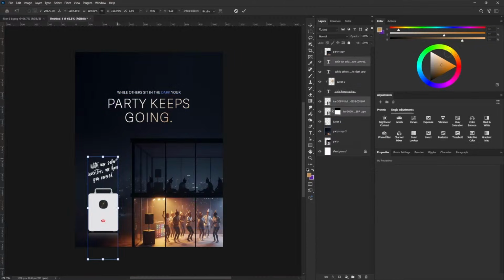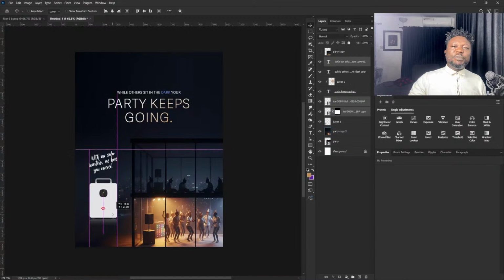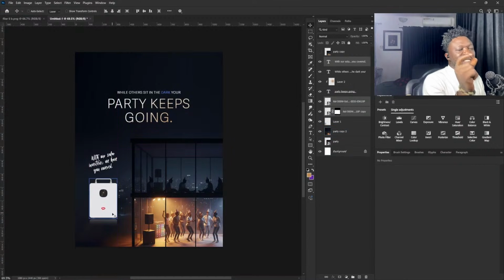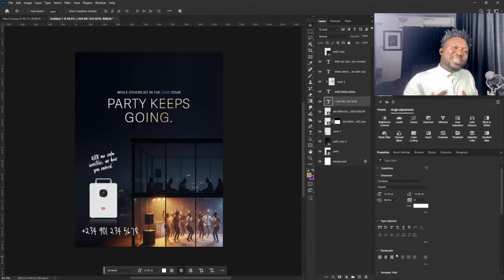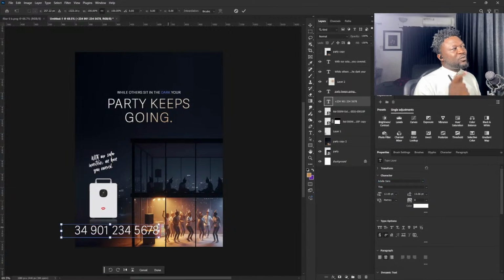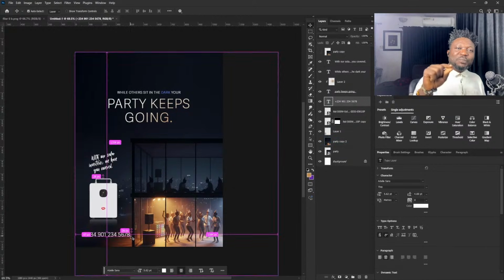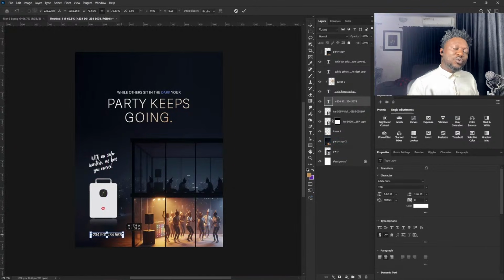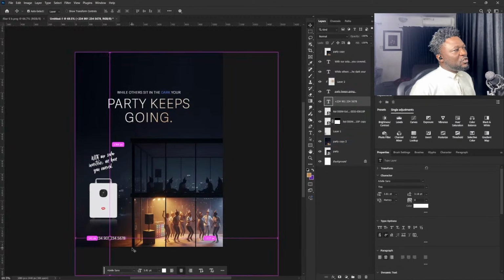I picked the color from there and applied it to the title to create unity, to let people know that the down floor where we have the light is connected to the title. That's why, if you notice, we have "party keeps going," and that part is where we have the light. So that's one of the ways you can achieve unity in your project.